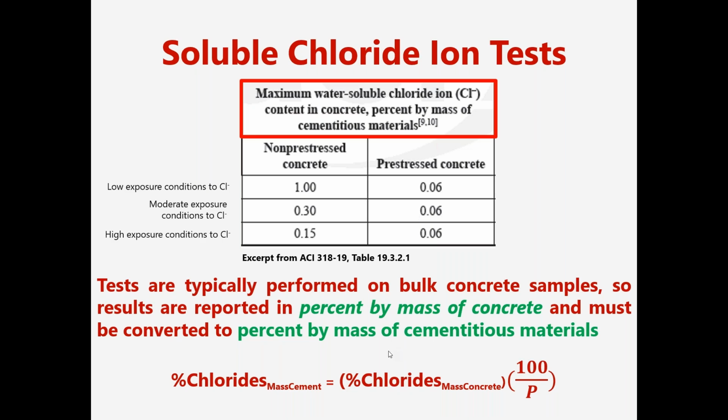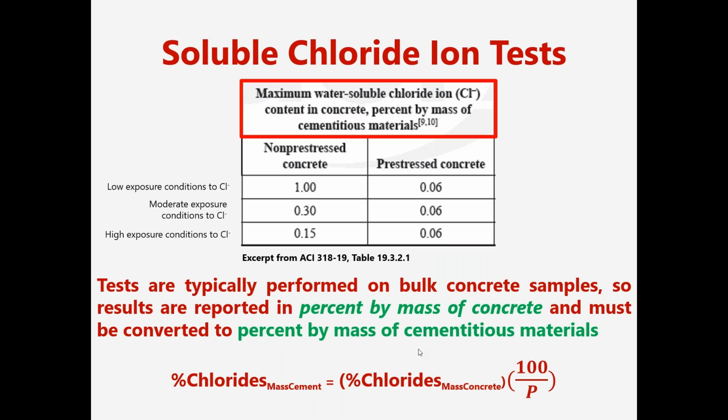I mentioned the units and being aware of units. So again, we take a sample of bulk concrete, and that includes everything, right? The whole concrete matrix. So when we run the test, we report the value in percent by mass of concrete. But here in ACI 318, all of these values are percent by mass of cementitious materials. Well, if you don't know how much cement is in that concrete mix, you might need to make some assumptions and do a conversion.